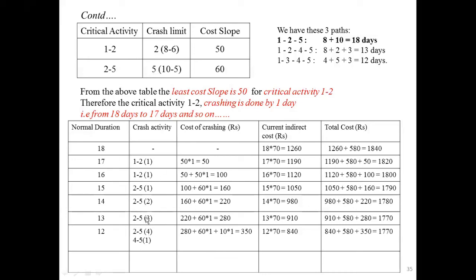The limit is 5 days, and hence we can reduce by one more day because the cost remains the same but the duration is reduced. So for 2 to 5, we can reduce up to 5 days, the maximum limit. If you compare these paths at 12 days, the earlier 13 days is reduced to 12 days, and these three paths have a duration of 12 days.